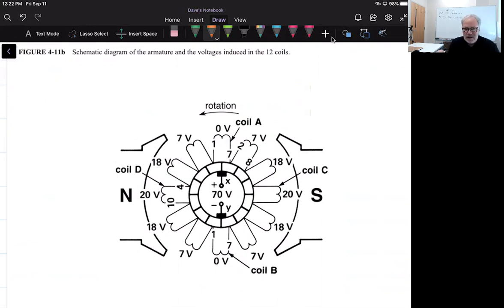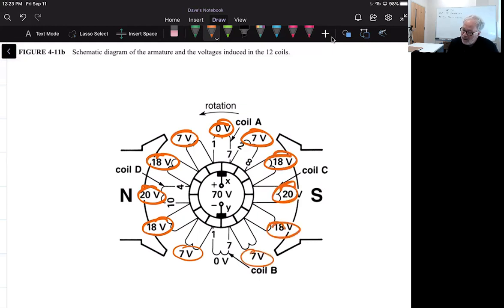This thing is rotating very fast, but we're just taking this instant and evaluating it. What we're seeing here is 0, 7, 18, 20, the maximum, 18, 7. So 7 and 7, relative position's the same, and then we're going to see a mirror image of that on the other side.